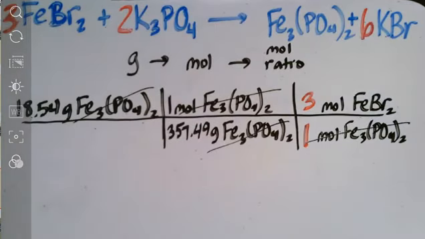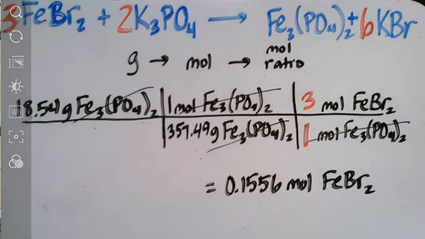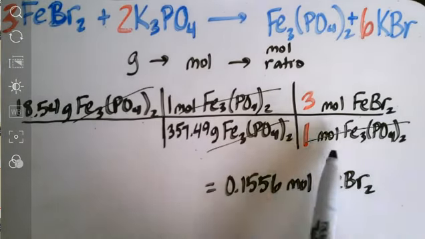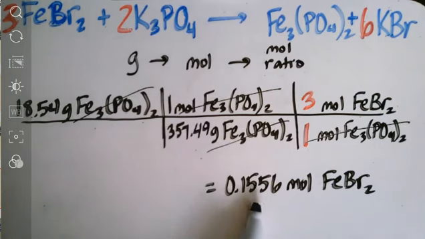Go ahead and do this calculation on your calculator and see if you can record your answer in significant digits. So after multiplying the numbers up at the top and dividing by the numbers down here at the bottom, you should have gotten 0.1556 moles of iron 2 bromide as your final answer.